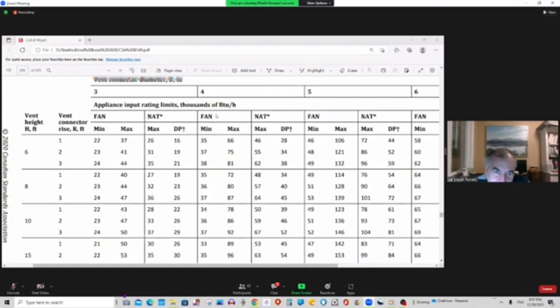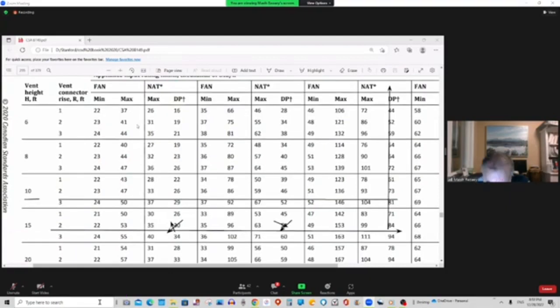The first DP is 30,000, so it's not good for me. The second DP is 54,000, not good for me. And the third one is 84, yes, that's it. So what I got is 5 inch. So D1, I write it: C3, D1 is 5 inch.